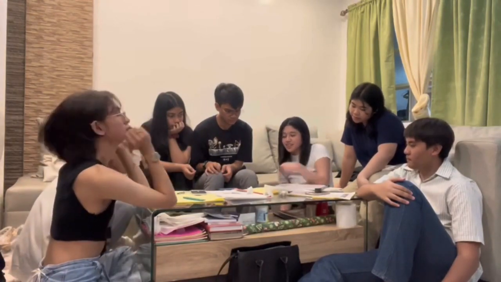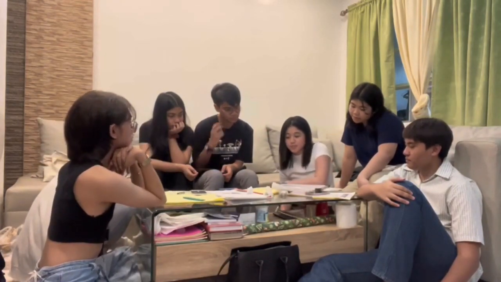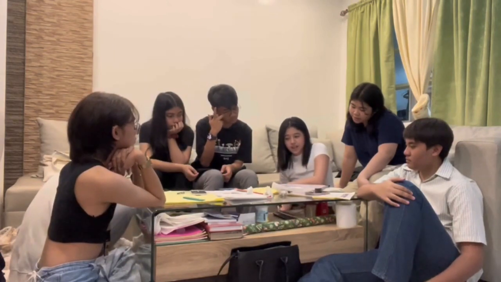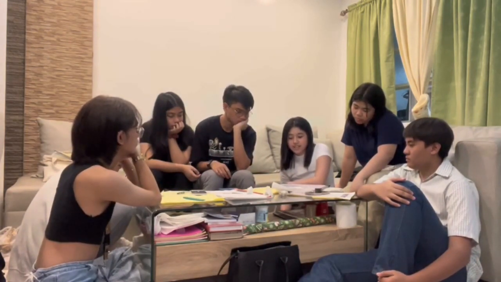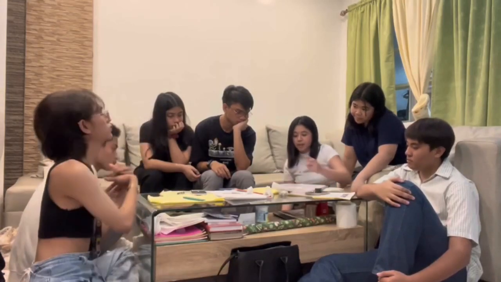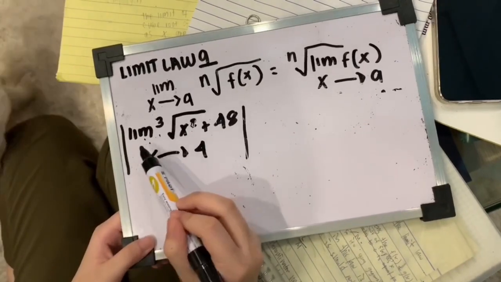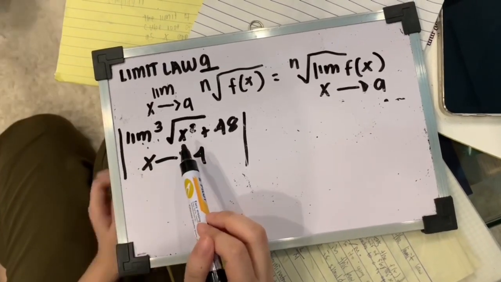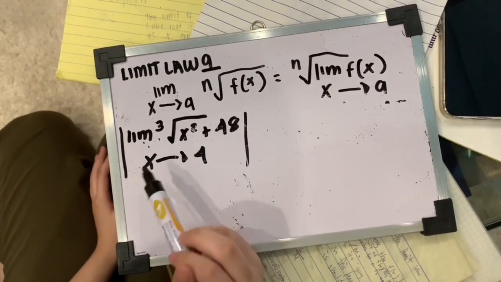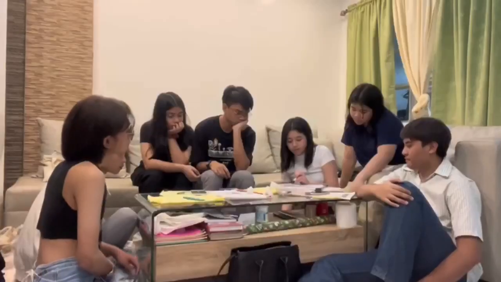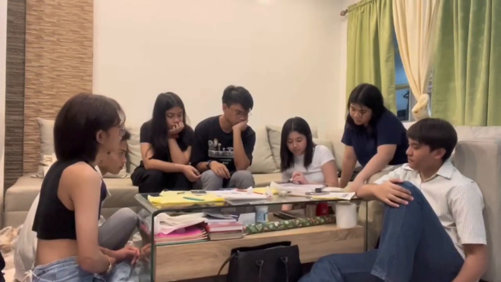So yung 9th law states that the limit of the nth root of a function is equal to the principal nth root of the limit of that function, provided that n is a positive integer and that the limit of the function is positive if n is even. So para mas maintindihan natin, magbibigay ako ng example. Itong example is the cube root of the function x squared plus 48 as x approaches 4.